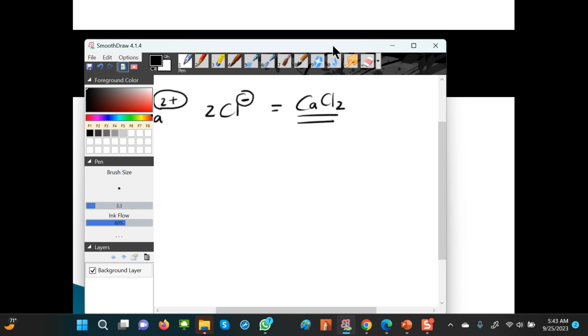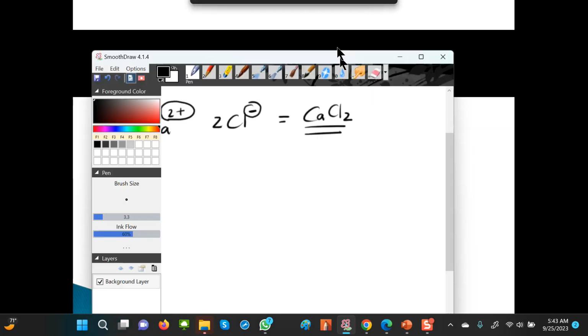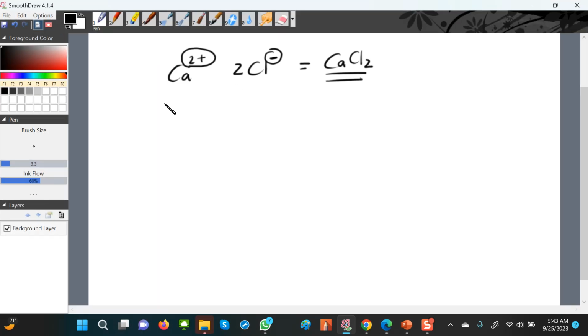The next example, they gave us barium phosphide, all right? So again, we go to the tables and we look up the formula for the barium ion and the formula for the phosphide ion, all right? Again, just as we did in the previous example, we have to ensure that the number of plus charges must be equal to the number of minus charges.